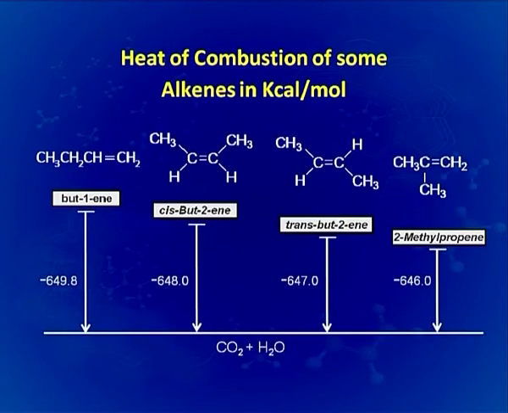Here we show some examples: butene 1, then cis 2 butene, trans 2 butene and 2 methyl propene. When we compare these alkenes for their heat of combustion values, we find that from butene 1 to 2 methyl propene the values are decreasing, though each one of them on combustion yields carbon dioxide and water.